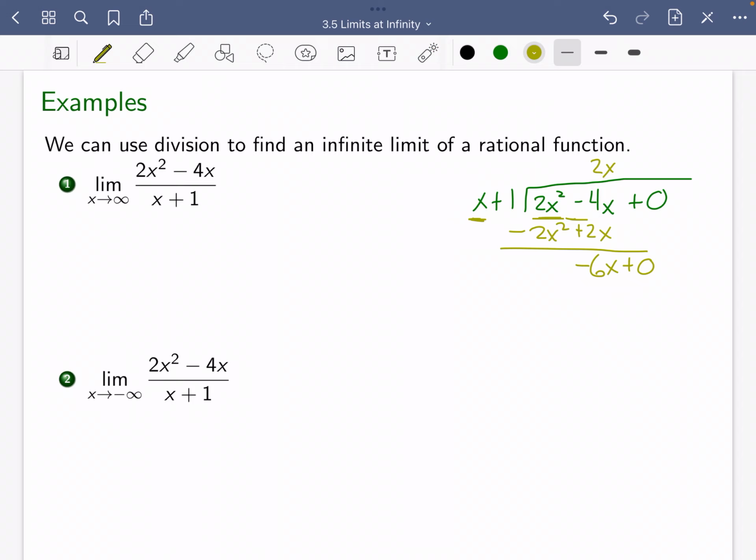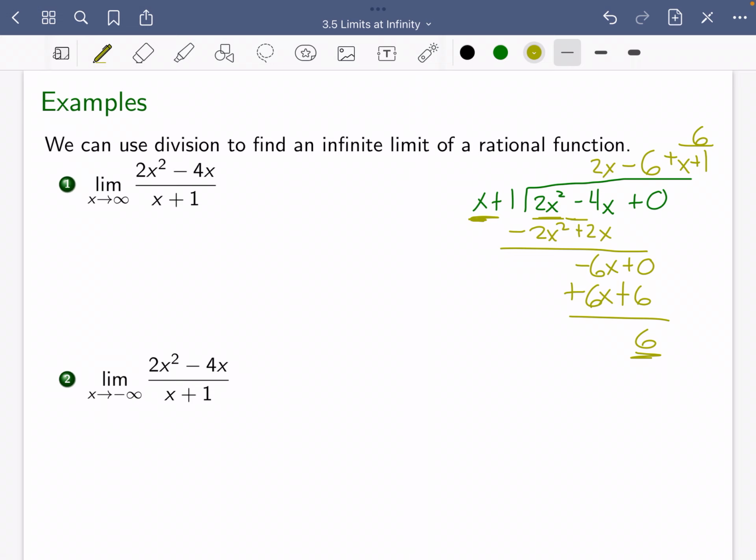We have to multiply that by negative 6. And then we do that multiplication: negative 6x minus 6. Change the signs and combine. And now x is larger than 6, and so we have a remainder of 6. So we can say plus 6 over x plus 1.